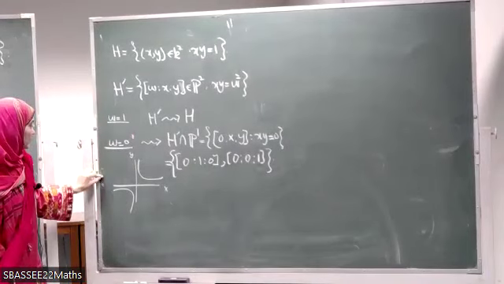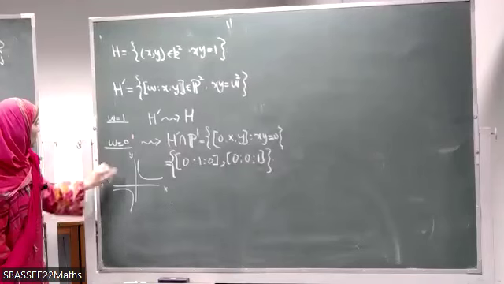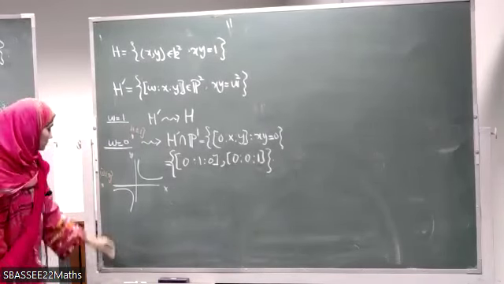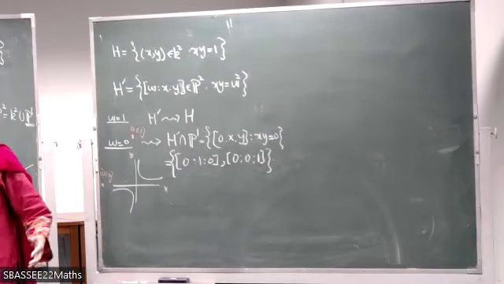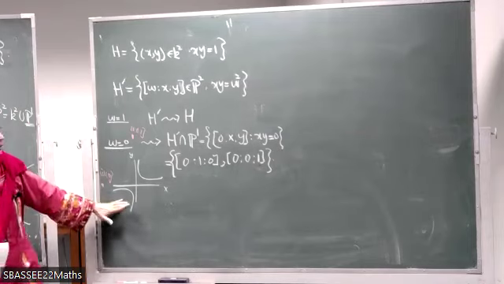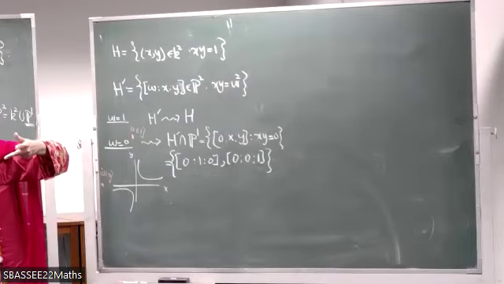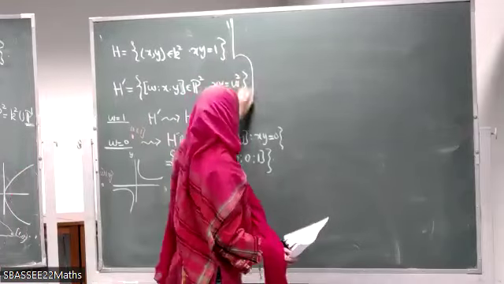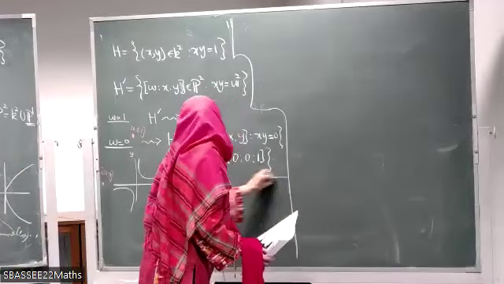This is my (0, 1, 0), and this is (0, 0, 1). So for the projective case, it is not just the affine part, but adding 2 more points here. Okay. Now let's see another interesting example.